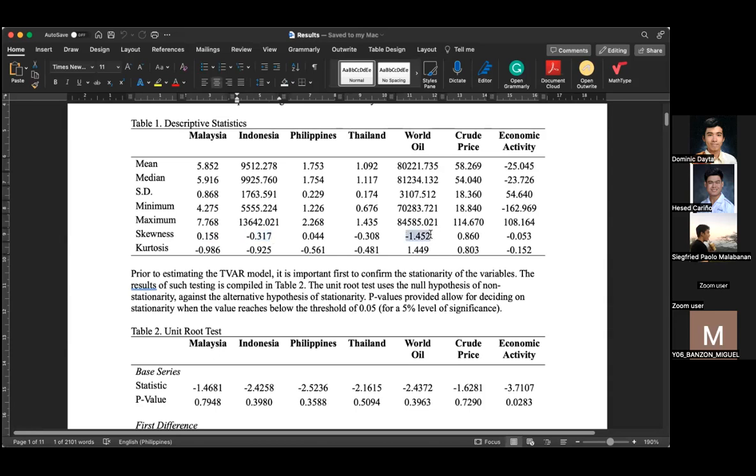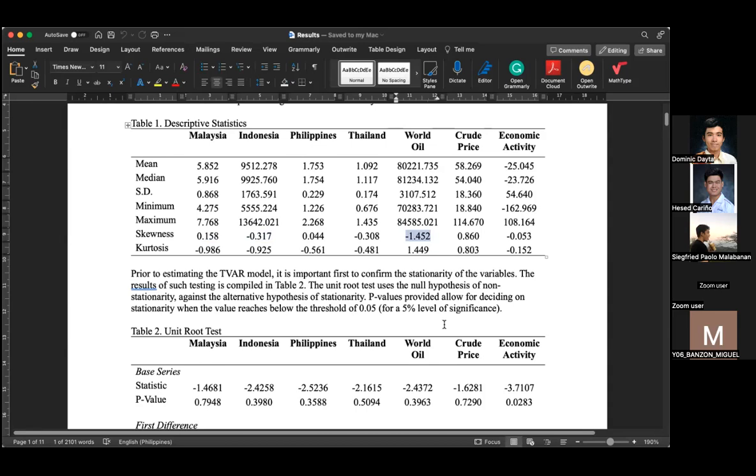What we saw here that really has a skew is world oil production. So for world oil production, there's a couple of months where production is low, but in general we're at the upper end of production. Generally, production is higher than the mean. So we just have a few months wherein we observe lower than average production of oil.